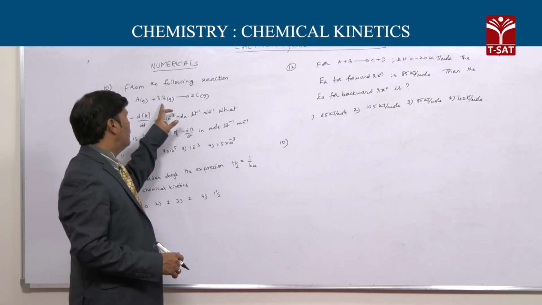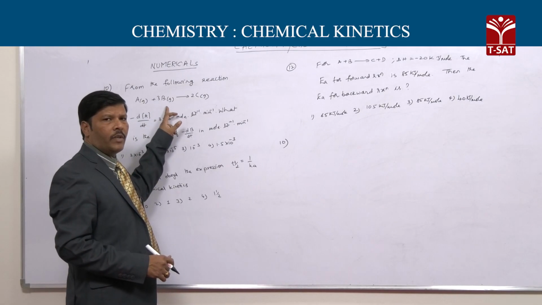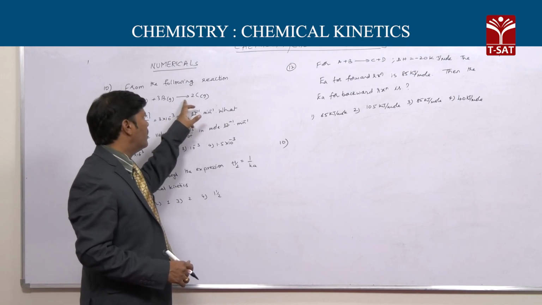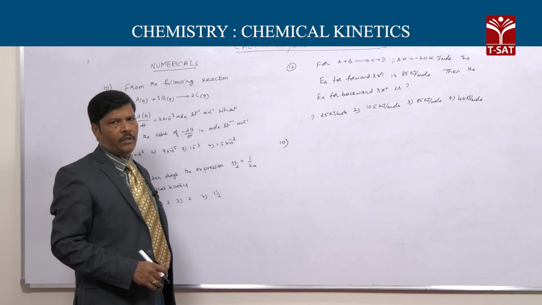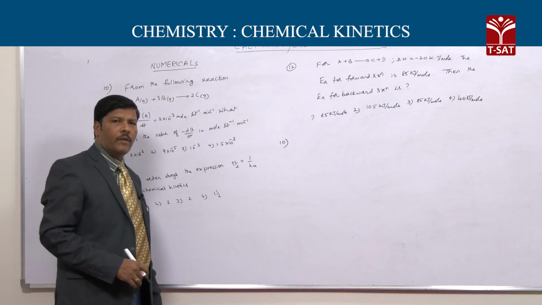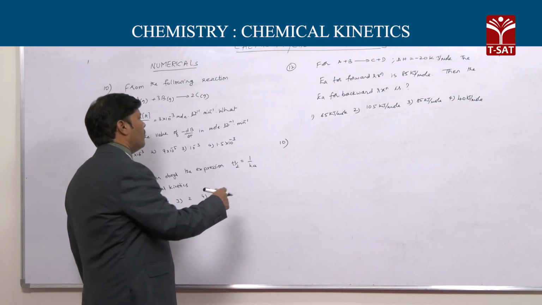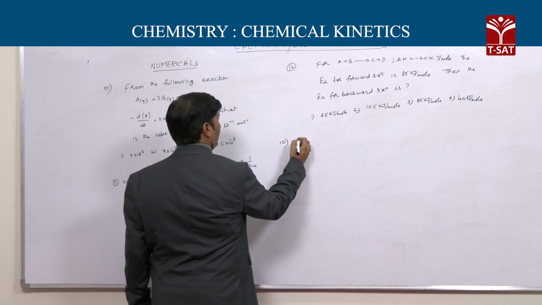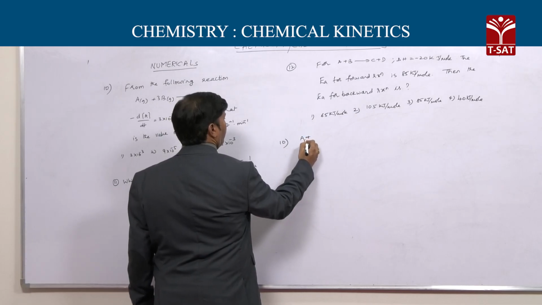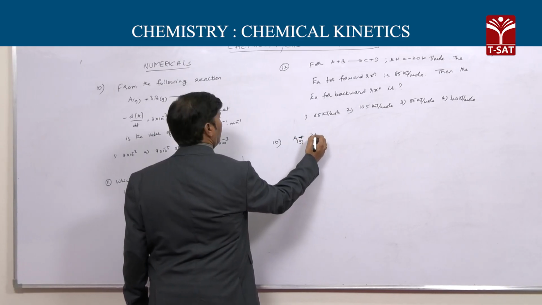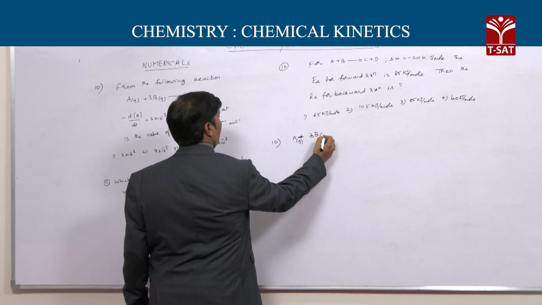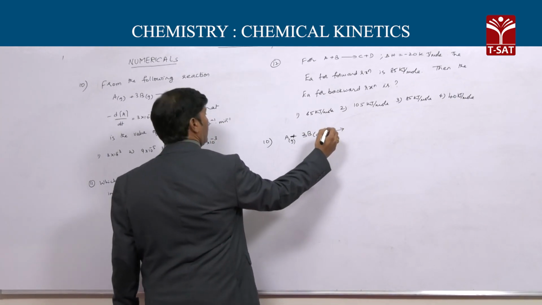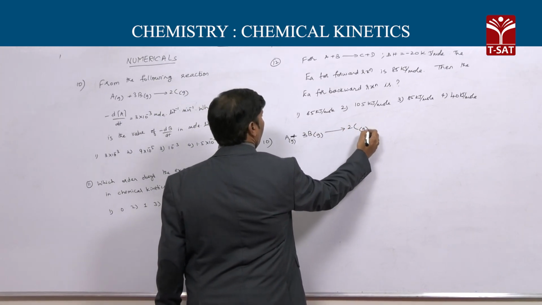1 mole of reactant A reacts with 3 moles of reactant B to give rise to 2 moles of C. So when you apply rate of disappearance is equal to rate of appearance, you can notice that A of gas plus 3 moles of B of gas gives rise to 2 moles of C of gas.